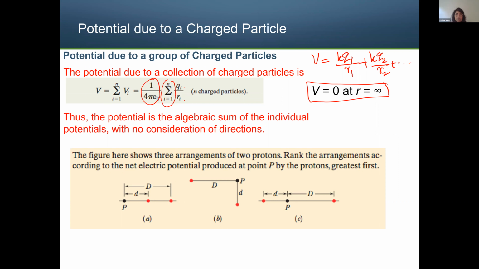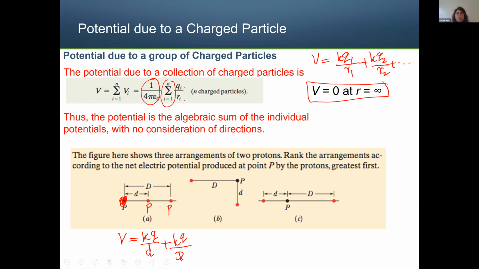Okay, so now I have this example on the bottom. I want you to understand how you find the potential at your point of interest due to two protons that I have. I have one proton here, another proton here, and my point of interest is this place. Now, if I calculate the potential at this point, I know that it will be K, charge of the proton, I'm going to say Q, and distance to the first one is D, plus K, charge of the proton, same charge, and distance D, right?